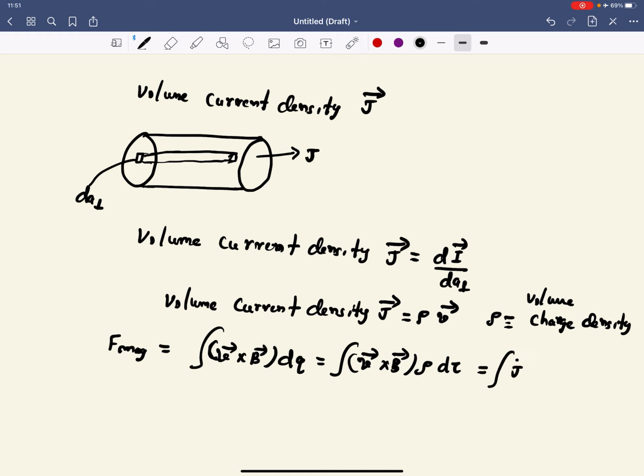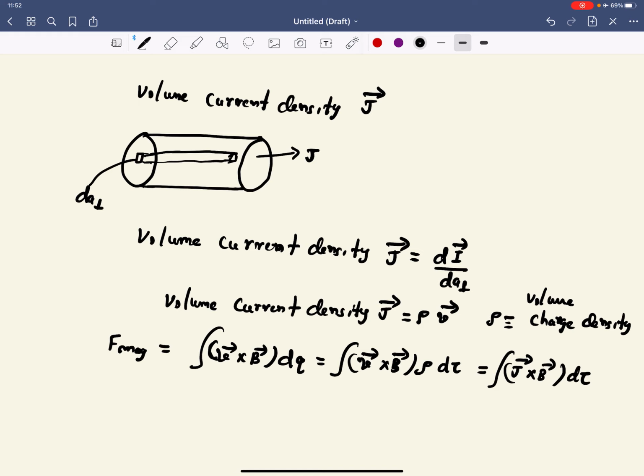So we get J cross B into d tau. This is the magnetic force due to volume current density. Now we have written the magnetic force in terms of different distributions, which is very useful to estimate the magnetic force due to different charge distributions.